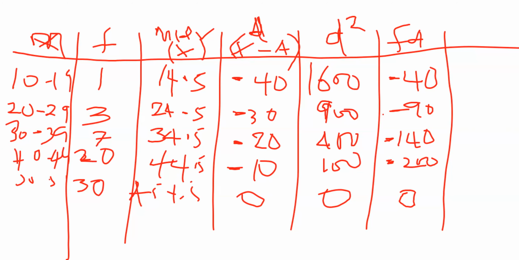So you continue like that. After the 0, the next one will be 220. The one that follows should be 200. The next one is 150. And the last one, which is the group of 90 to 99, will give us 80. Any questions?